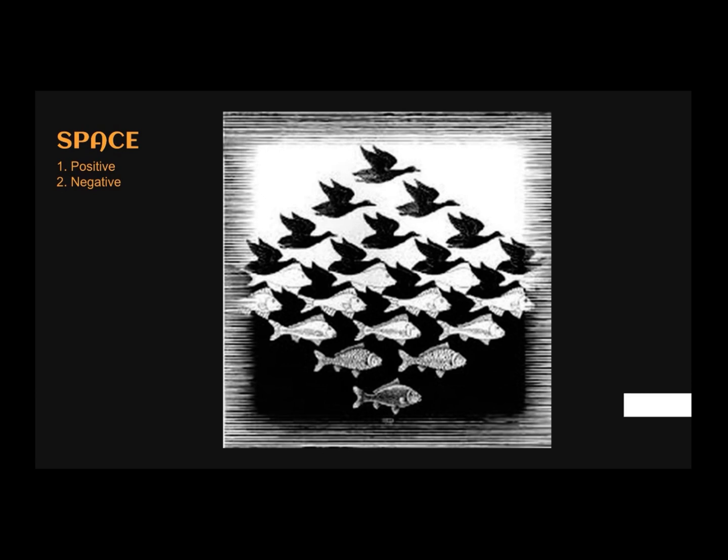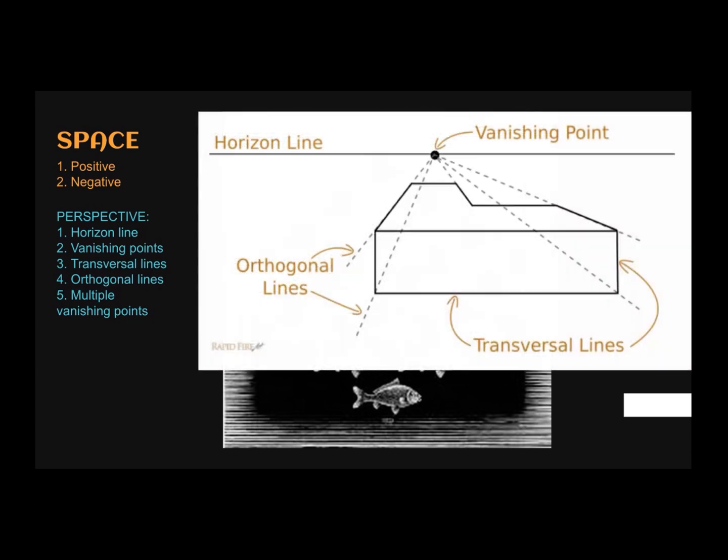On another note, linear perspective is also a major tool for artists. Perspective uses a horizon line, also thought of as an eye level, and it uses transversal lines for straight up and down, and orthogonal lines that are always directed back to the vanishing points.